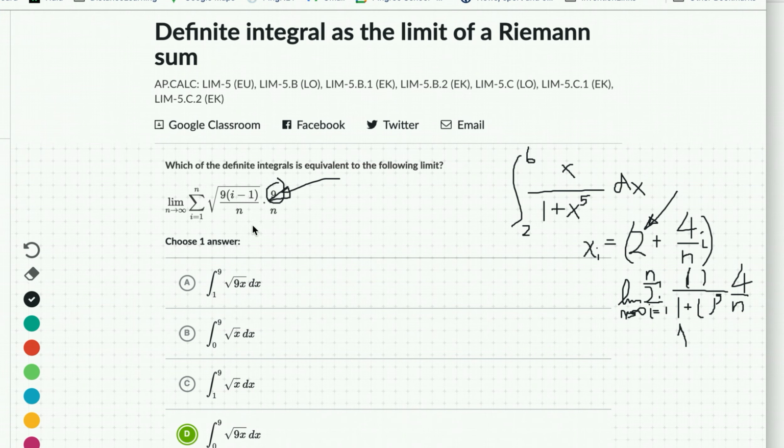Then if I were to translate this into just the sample point, knowing that the width is 9 over n, it would be 9 over n i, and that would be plus wherever I'm starting. Well, if I plug in 1 for i, where I start, 1 minus 1 is 0. So I will be starting at 0, going to 9, we know that, and my initial square root will be 0.